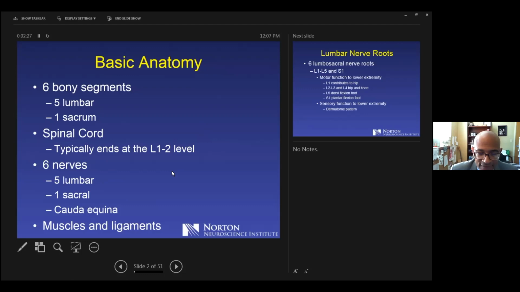Whereas if you have a L5 nerve problem and you have pain down the side of your leg and weakness lifting your foot up, you're going to look for a problem more at the L5-S1 level. So that's kind of the one caveat between the lumbar and cervical spine.